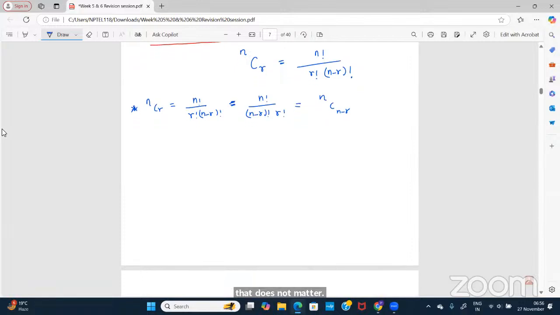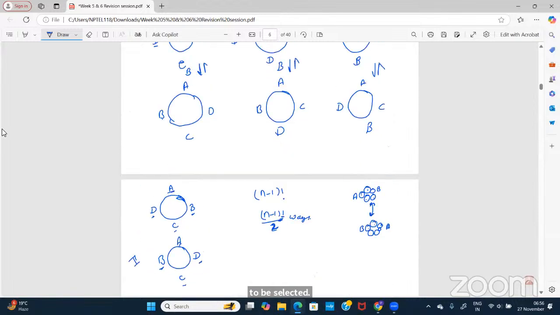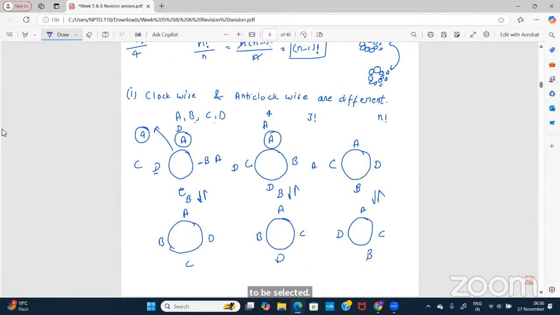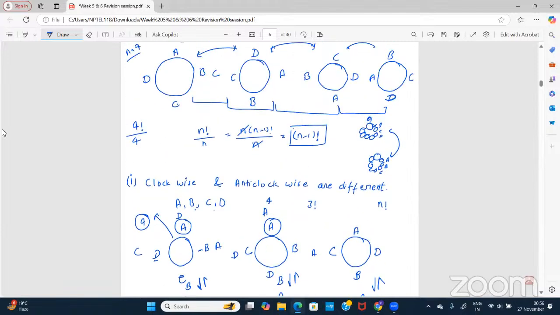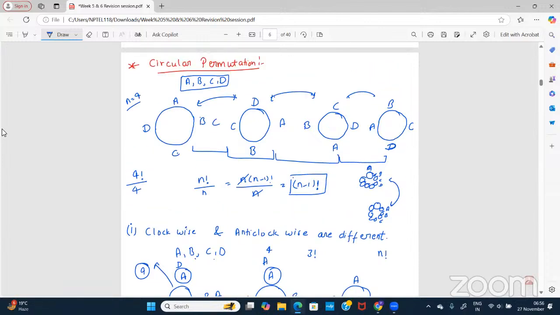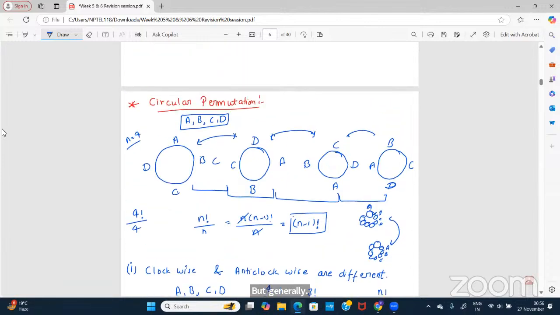Ma'am, one doubt. In circular permutation, what if repetition is allowed? If we can arrange A in 4 places, or B in 4 places, or 2 A's, 2 B's like that. Then we will not use this formula. According to the situation, we will have to see how we can arrange. Generally, we do not see questions like that.